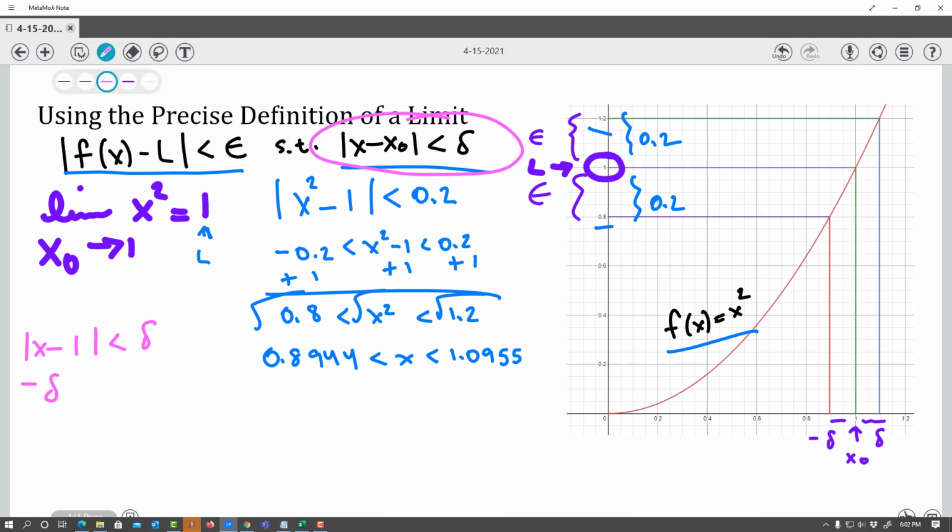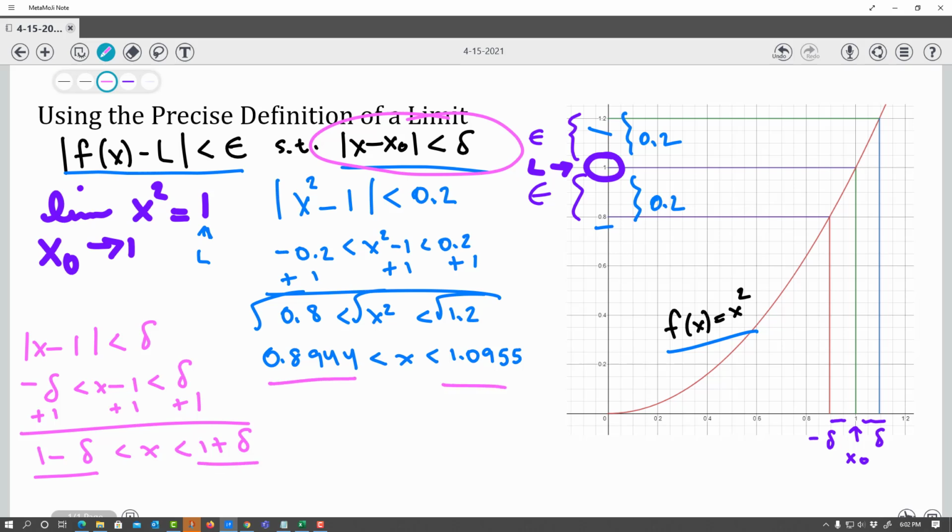I do my plus or minus, x minus 1 less than delta, and now I add 1 to all three pieces. So I have 1 minus delta less than x, and 1 plus delta. What you do from this step is you set these equal to the lower and the upper values.